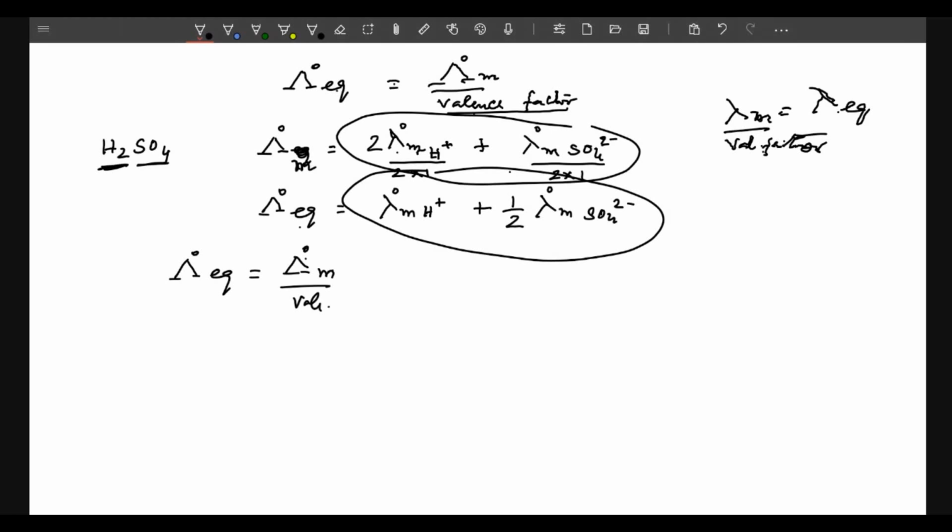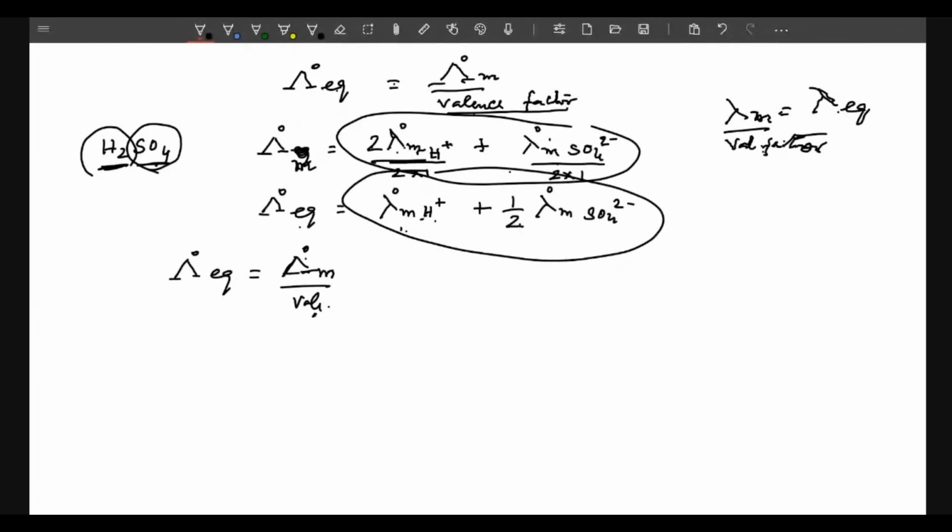You can take H plus or you can take the sulfate ion: 1 sulfate and valency is 2. Therefore, divide the delta 0 m by the valence factor 2, and you will get lambda m divided by 2. Therefore, this is the methodology. You can either individually find the equivalent conductance, or you can directly apply this one.